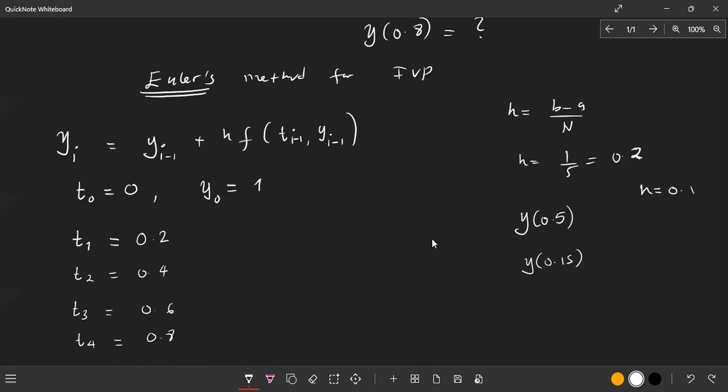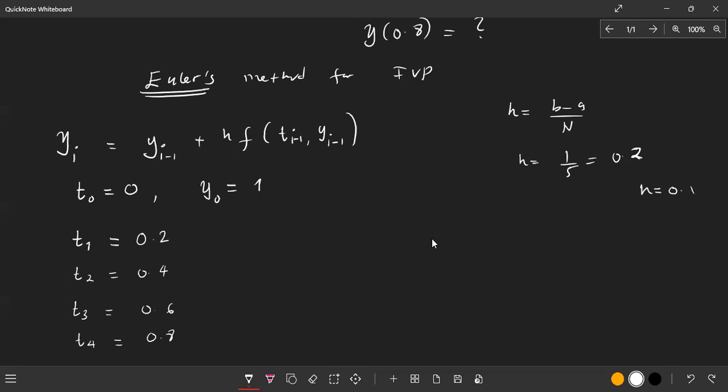Our step would be 0.1, 0.2, 0.3, 0.4, if the initial condition is at 0. Here t naught is 0, and if h is 0.1, the next ones are 0.1, 0.2, 0.3. But here our h is 0.2, so we can't evaluate at 0.5. We can evaluate at 0.2, 0.4, 0.6, but not at 0.5, 0.3, 0.1.